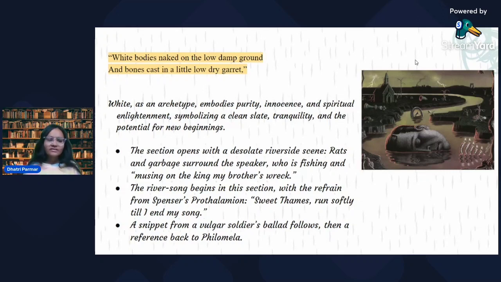The river song begins in this section with the refrain from Spenser's Prothalamion, which we referred to earlier: Sweet Thames, run softly till I end my song. A snippet from a vulgar soldier's ballad follows, then a reference back to Philomela. So once again we go back to the reference of Philomela.